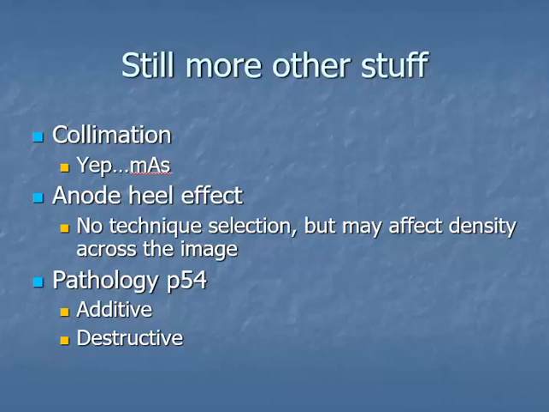So an additive pathology would be something like a pleural effusion. The lung doesn't really increase its atomic number, but it's full of fluid, which has a higher atomic number. And then destructive would be the exact opposite of that. So a destructive lung pathology would be something like emphysema or a pneumothorax.